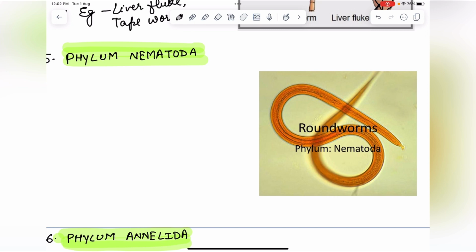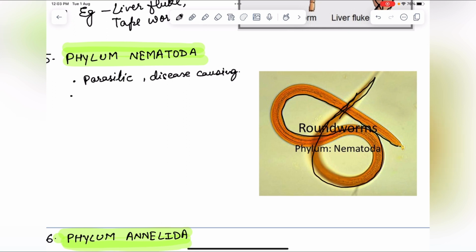Most are disease causing. Second point is mostly they are free living. Some live in water or terrestrial. They have a narrow, elongated and cylindrical body. It is covered with cuticle.